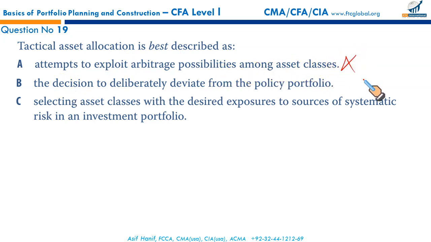That is not tactical. Tactical asset allocation is best described as the decision to deliberately deviate from the policy portfolio to generate some short-term returns, or to take advantage of temporary dislocations from the market conditions. So that makes B the correct option.